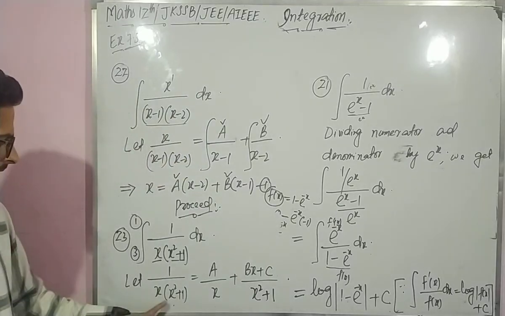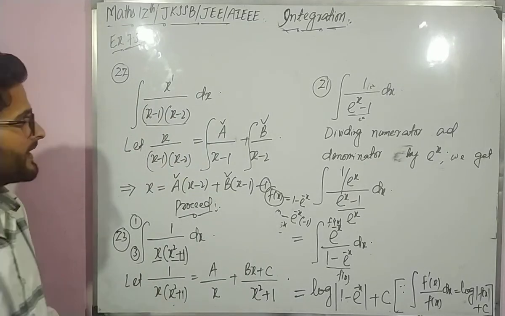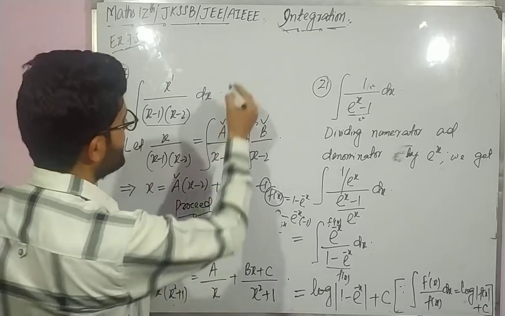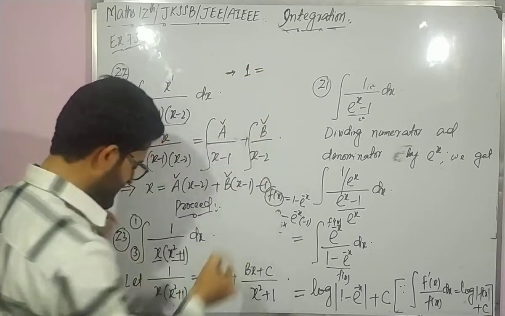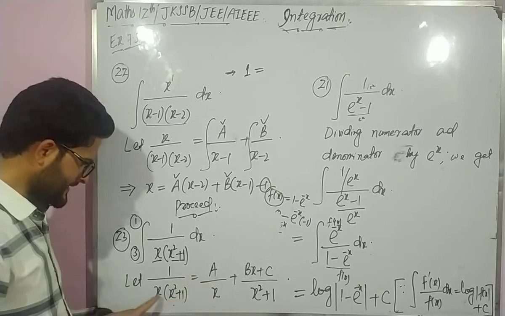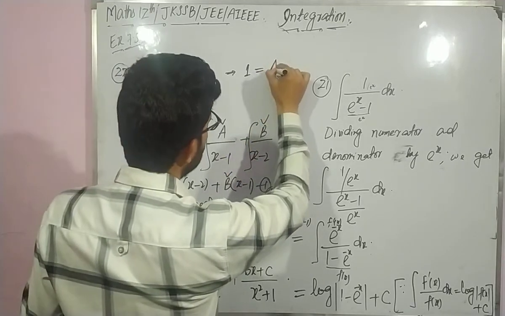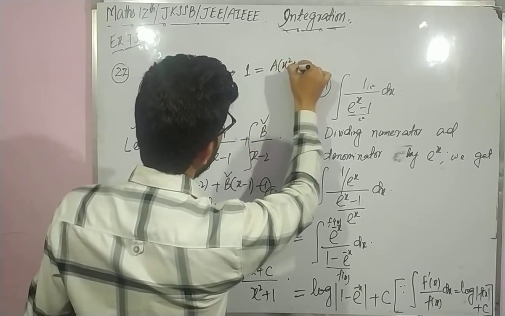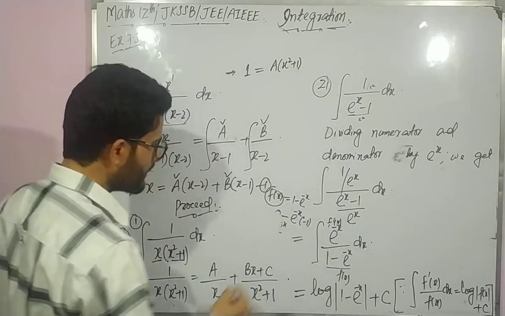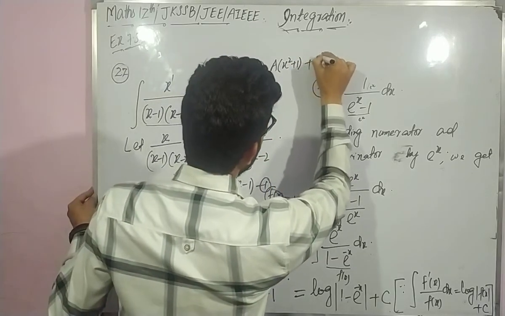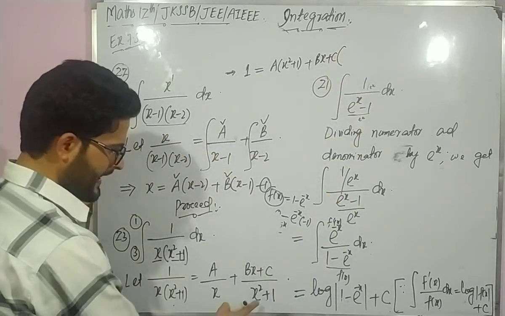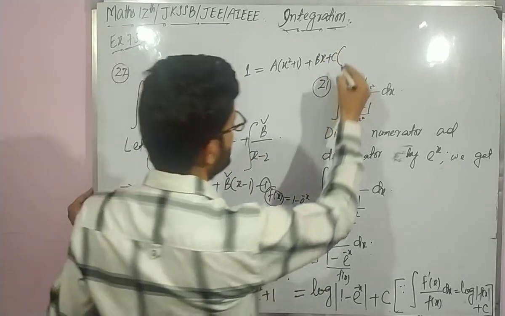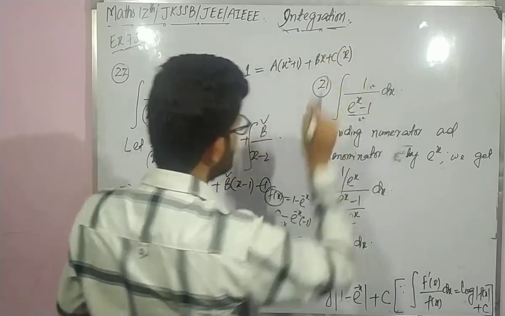Multiplying both sides by x into (x square plus 1), here we will be left with 1, so 1 must be equal to a into (x square plus 1), since x cancels, plus (bx plus c) into x, since x square plus 1 cancels.